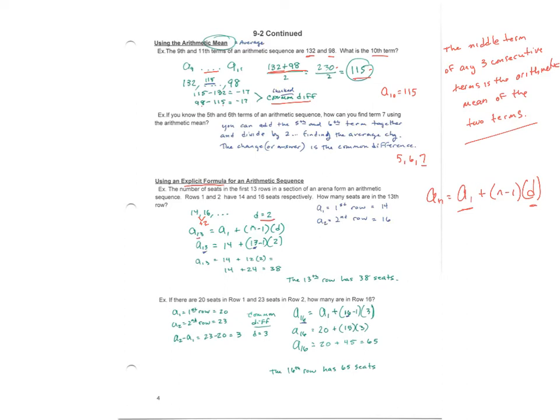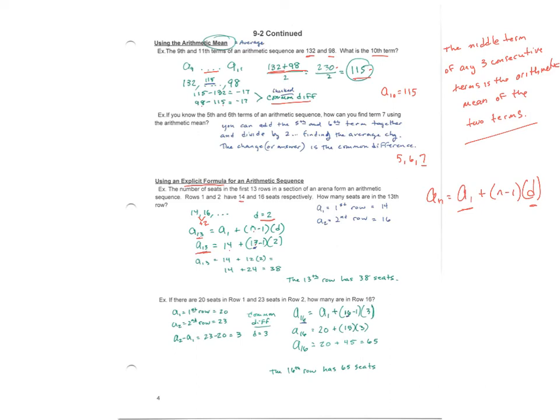Well, for the 13th row, n is 13, and I'm going to solve for a13 equals 14. Where did I get 14? 14 was the original first row that I had. Plus n became 13 because I'm looking for my 13th term.